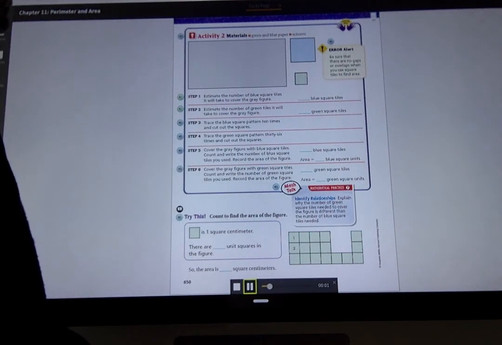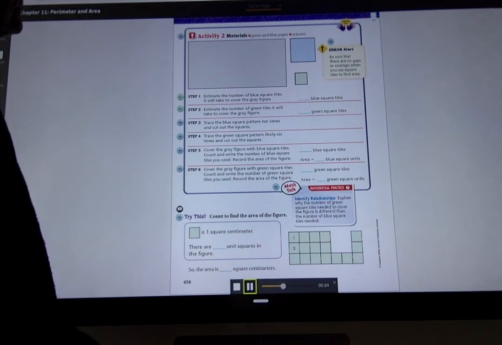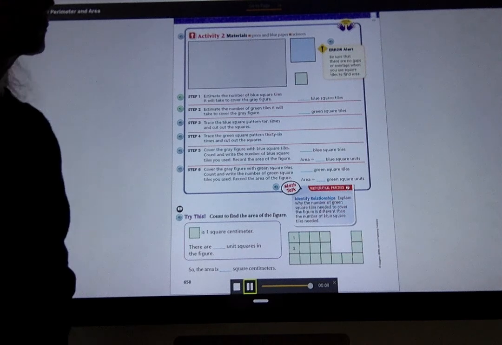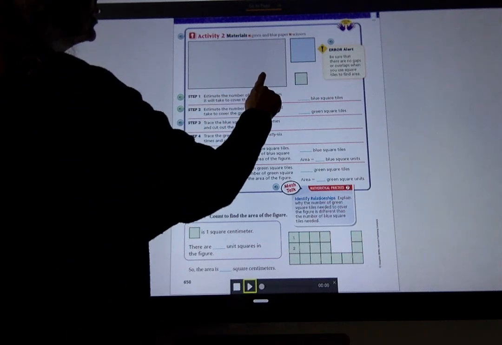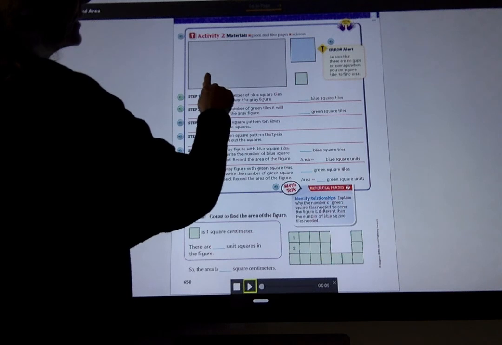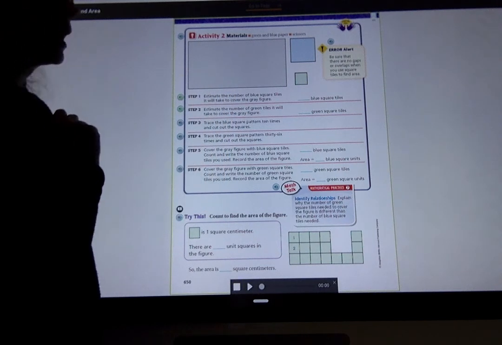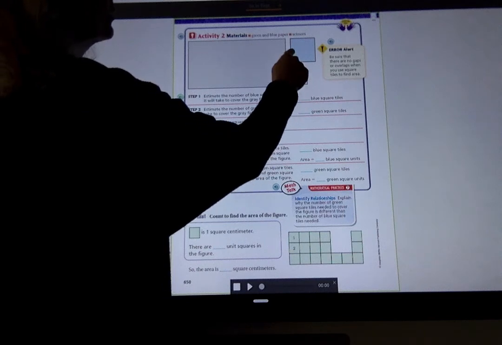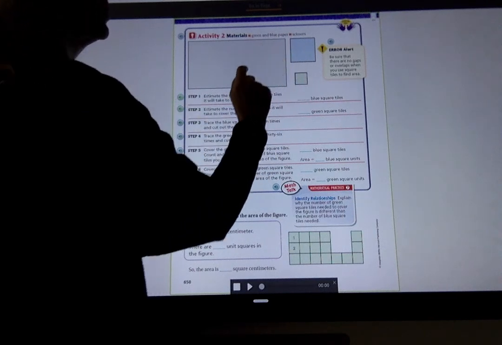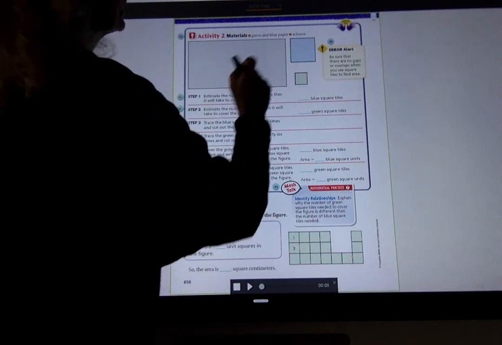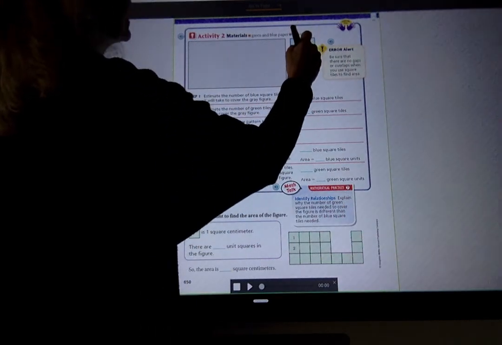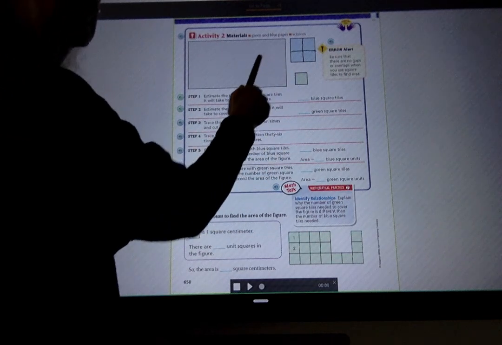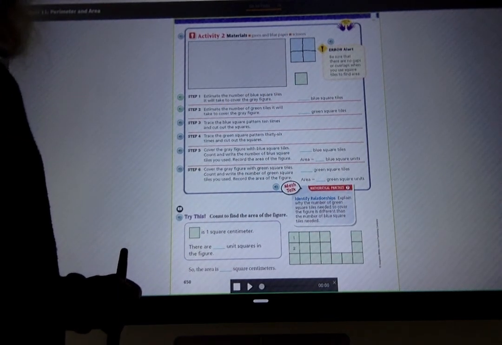Step 2. Estimate the number of green tiles it will take to cover the gray figure. Blank green square tiles. Now I could count 1, 2, 3, 4, 5, 6, 7, I think 8. But a better way to do that would be to think how many green tiles fit into the blue tile. When I look at that, I think that we could fit 4 green tiles into 1 blue tile.